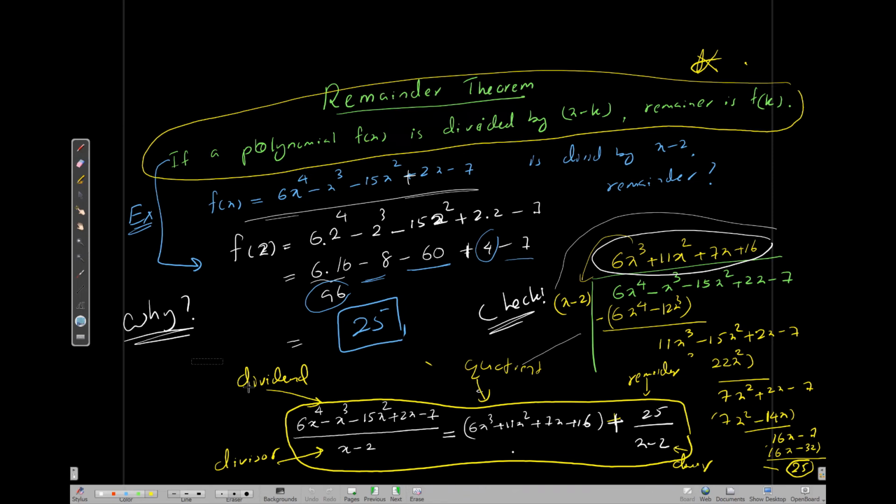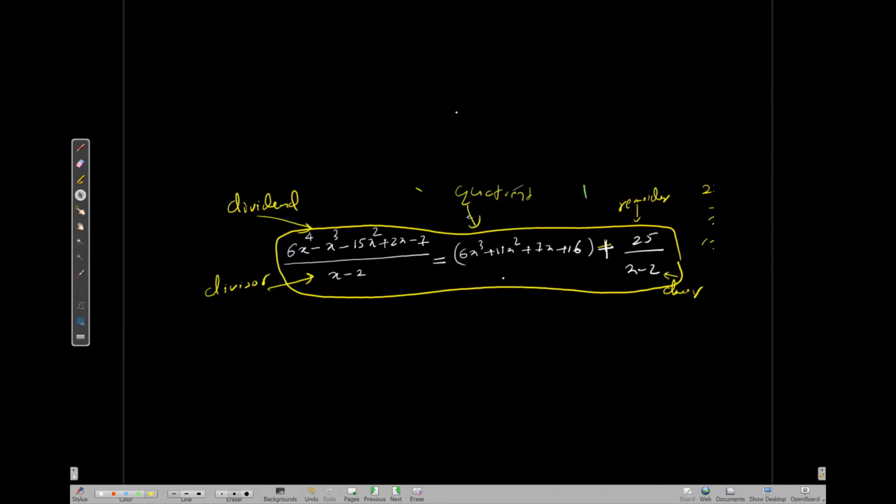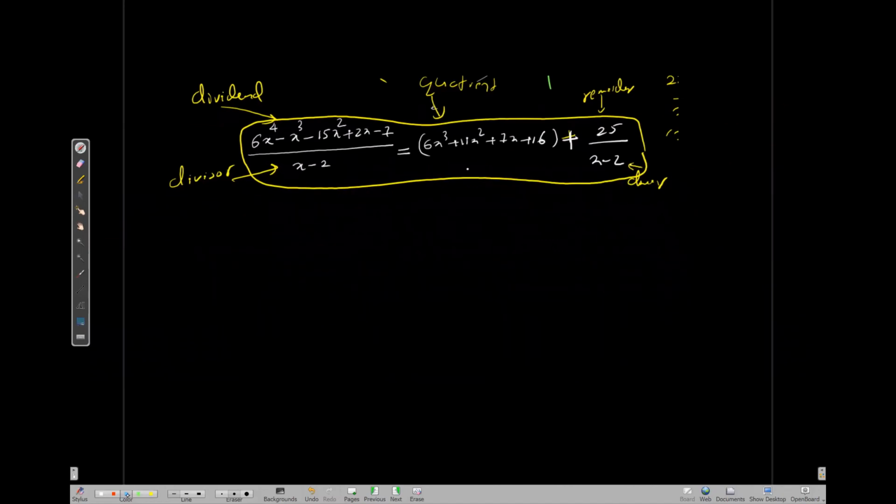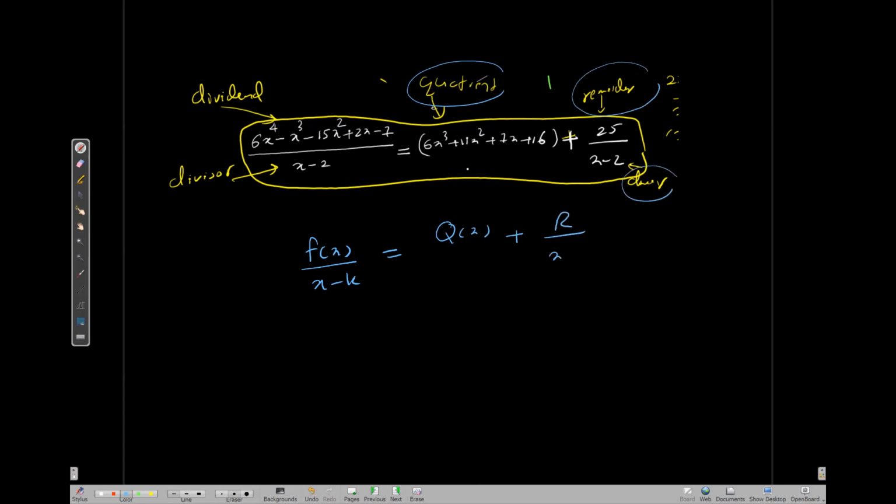So this is the general version of our example: f of x divided by x minus k equals the quotient q of x plus the remainder r divided by, again, the divisor x minus k. This is the general form.